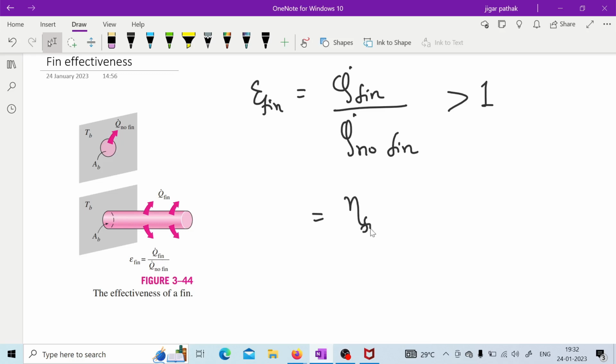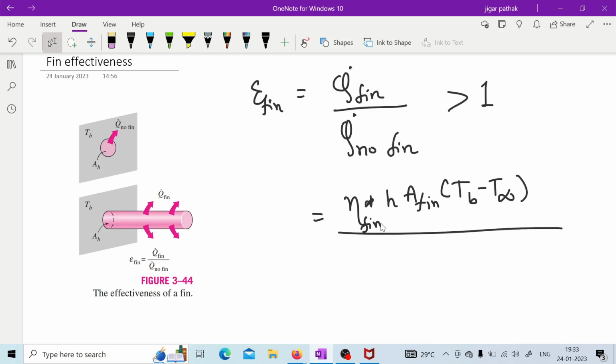So if you write here, the actual heat transfer through the fin is also given by the efficiency of fin times the maximum heat transfer through the fin, which we have written just now. This way it can be represented, the actual heat transfer through fin with the help of efficiency and maximum heat transfer, while Q without fin can simply be written as hA_b, only the base area will be there.